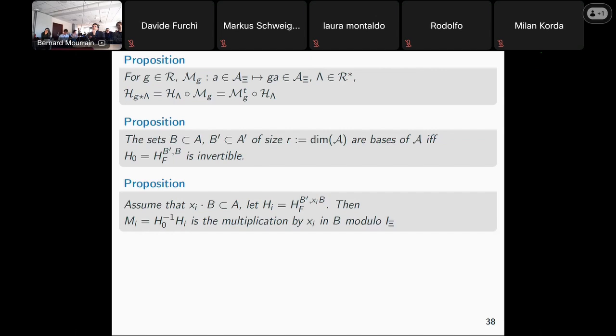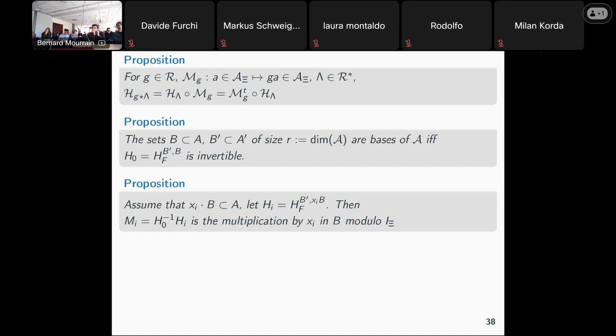So this will allow us to recover the roots, because if you remember, from the multiplication operators, by eigenvalues or eigenvectors, we can get the points, the solution of our system. So here we have the first proposition.